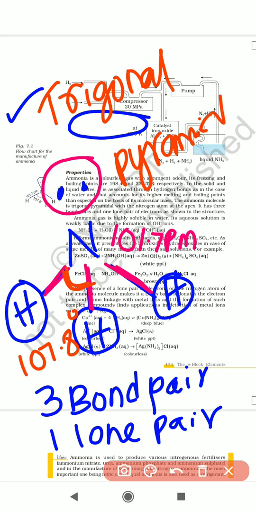The nitrogen to hydrogen bond length is 101.7 picometer and the bond angle is 107.8 degrees. So this is the geometry of the ammonia molecule.